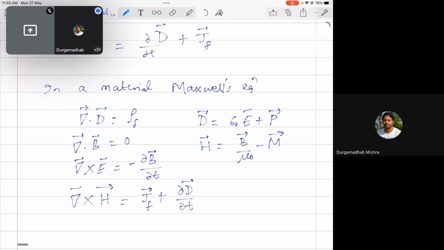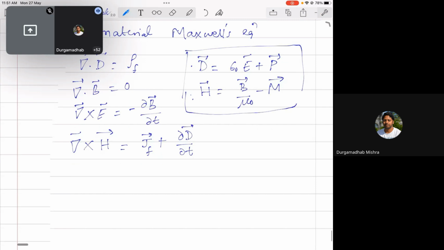Similarly, the original magnetic field induces a magnetization, which is equivalent to an electric current on an atomic scale, and that creates a new field H, which are related in these equations. Along with these two equations and the four that we have written, they complete your Maxwell's equations in a material medium.